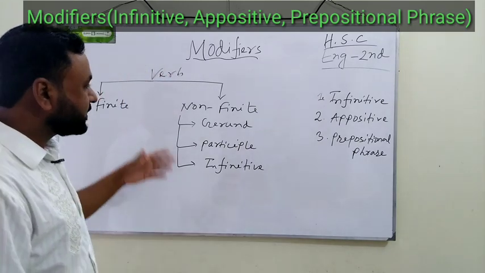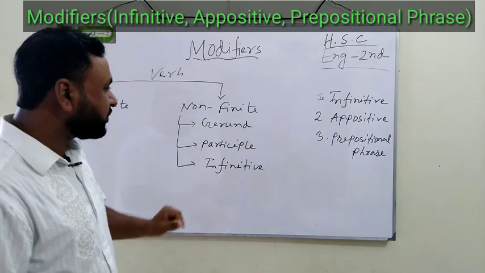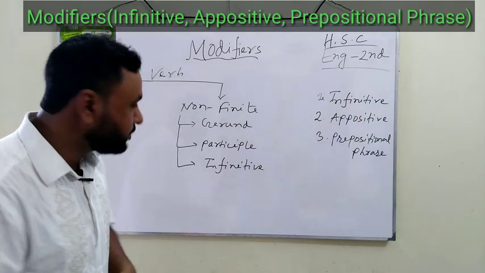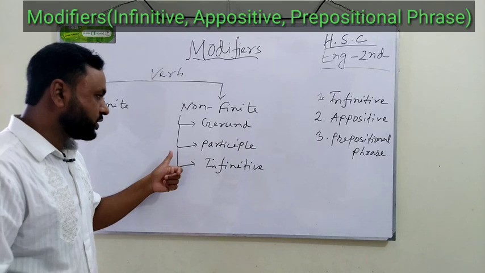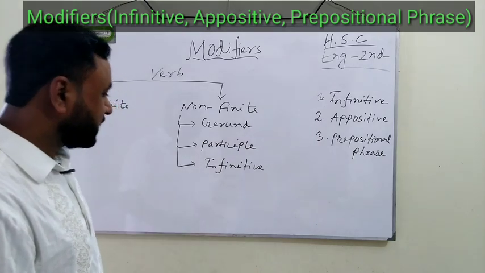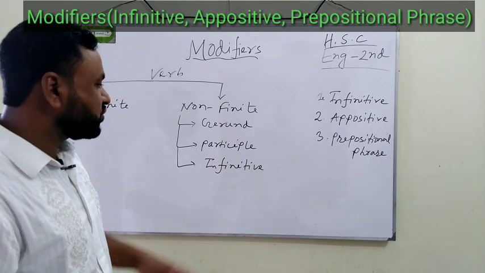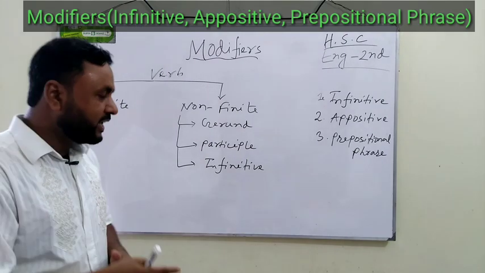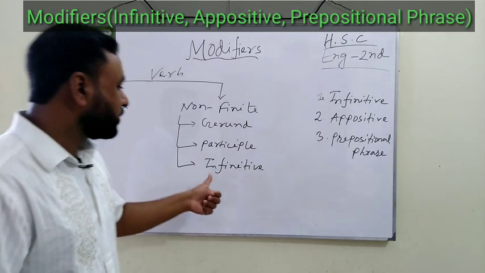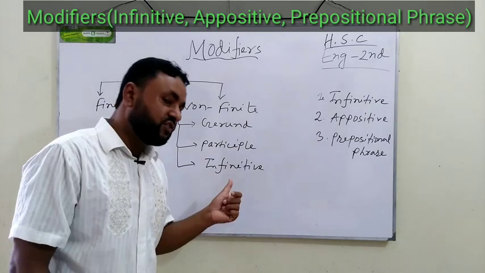We can divide non-finite verbs into three types: one is gerund, two is participle, and three is infinitive. In earlier classes I discussed gerunds and participles in detail, but today I am going to introduce the infinitive.